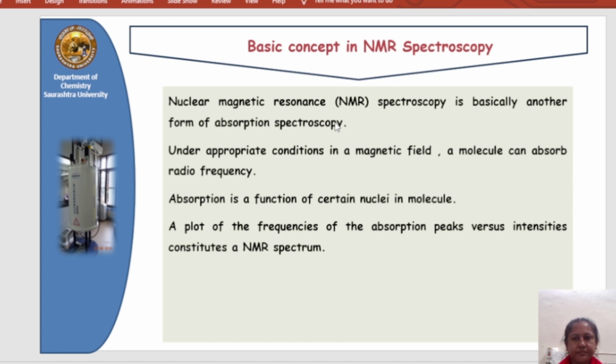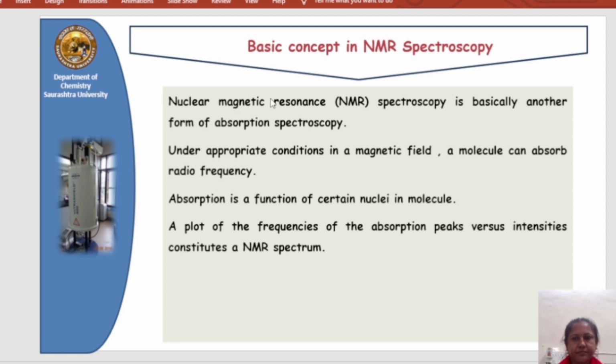Generally, resonance takes place for stabilization. Which type of stabilization? Maybe it is spin stabilization that takes place here, and that's why it is known as nuclear magnetic resonance spectroscopy. So in which form does resonance take place?